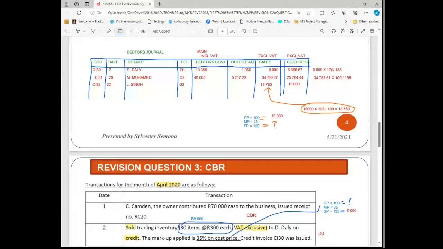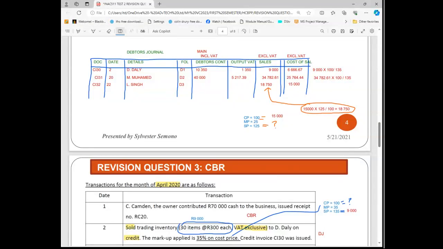We can calculate the output VAT. So you're going to take the 18,750 times 15% over 115.